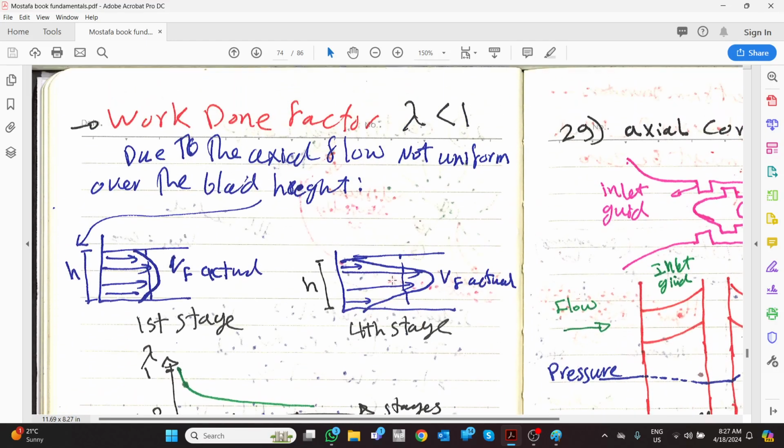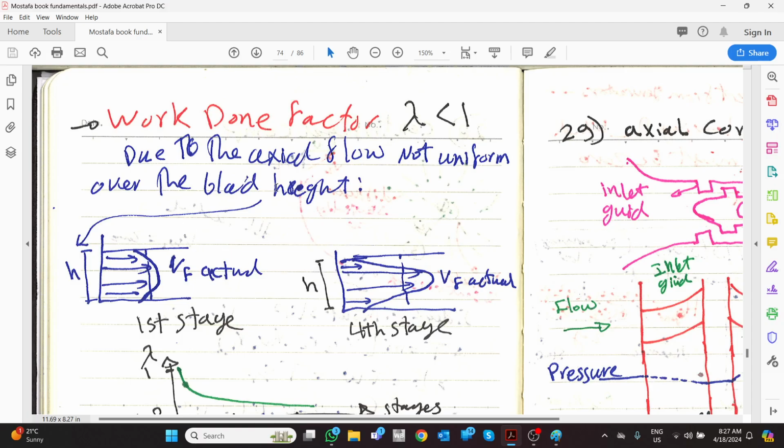Work done factor, because of the air at the first stage, it is like this. And when you go to other stages, the velocity profile starts to be like this, and this is h, the height of the blade.